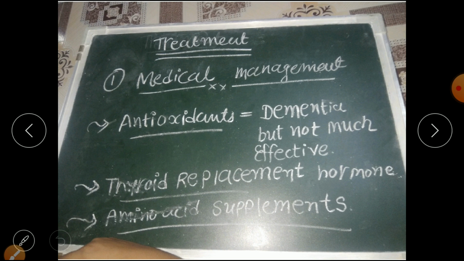Second is thyroid replacement hormone, because one of the causes in Down syndrome may be hypothyroidism, so we can provide thyroid replacement supplements to the child. Third is amino acid supplements, then other supplements like vitamin B12 tablets, other vitamins and nutritionally rich food, or we can modify the diet also. These are the medical management options in the Down syndrome patient.